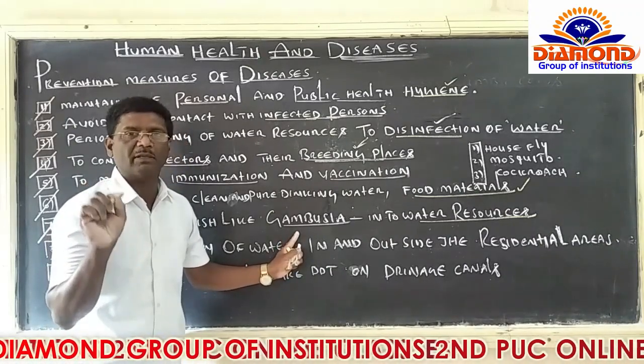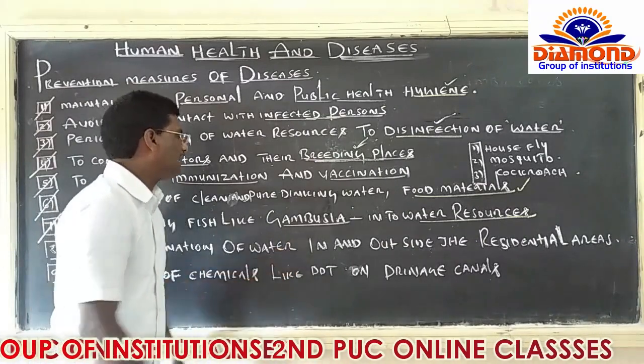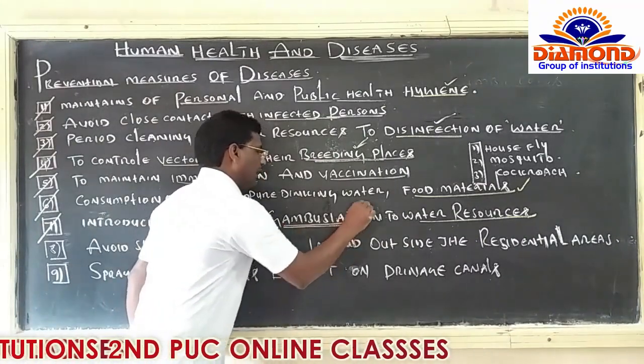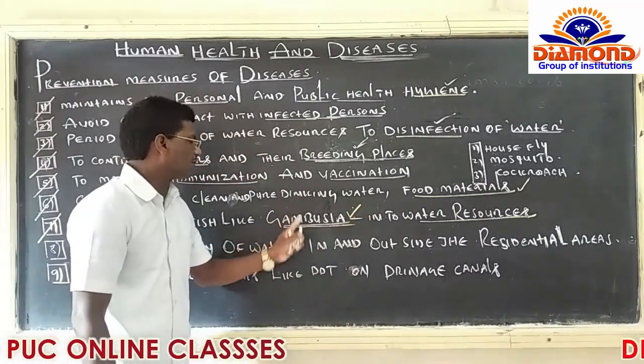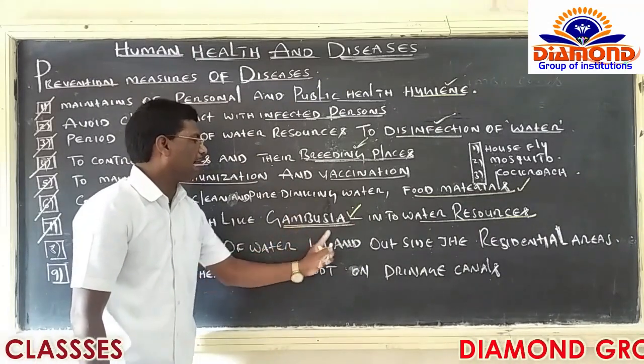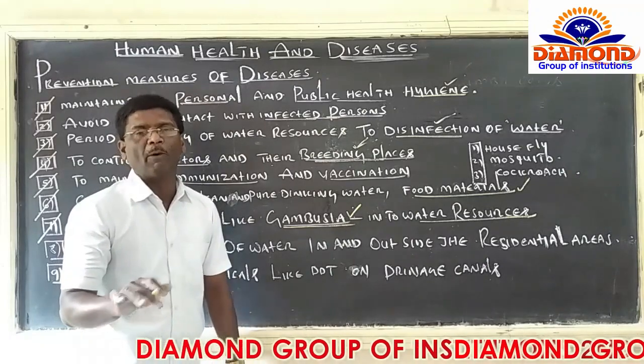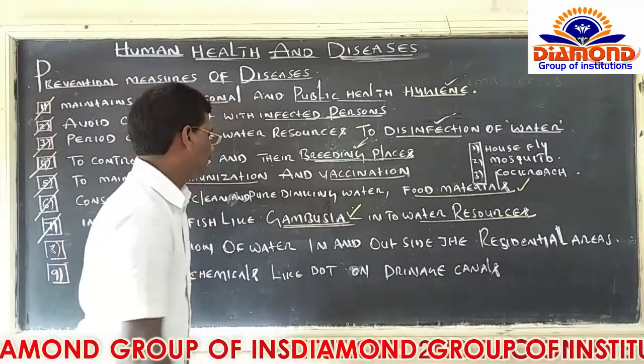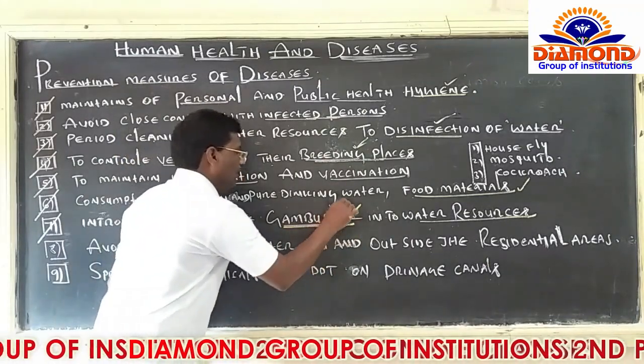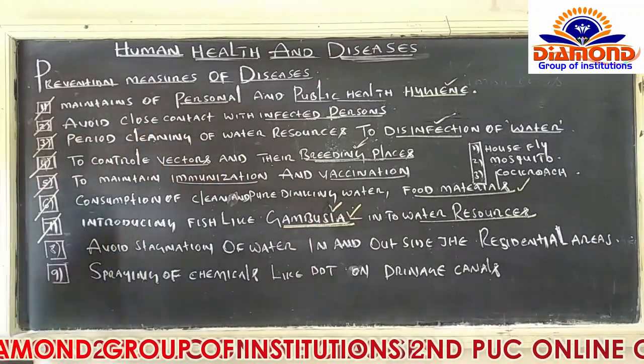The larvae of mosquitoes are eaten by Gambusia fish. In this way, we can decline the population growth rate of the mosquitoes. So this is the fish; you have to remember Gambusia fish, right?